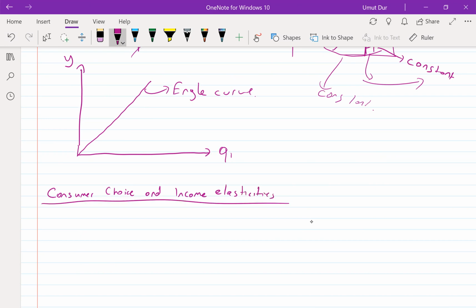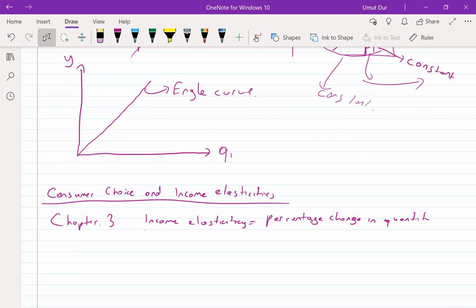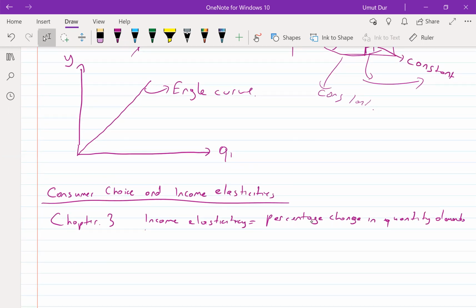In chapter 3, we defined the income elasticity as the percentage change in quantity demanded over the percentage change in income.